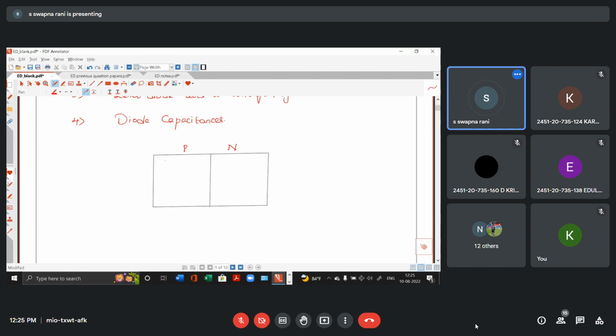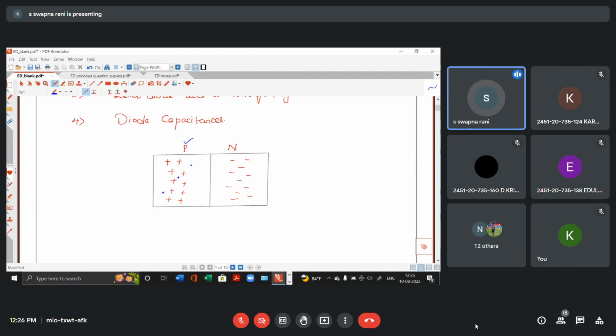As I said, there are more holes in the P side, and here more electrons on the N side. If you observe the P-type region, holes are the majority charge carriers, so more holes will be there in the P region and very few electrons.